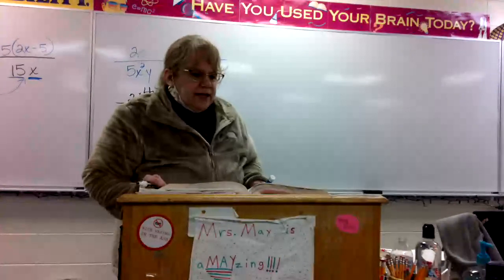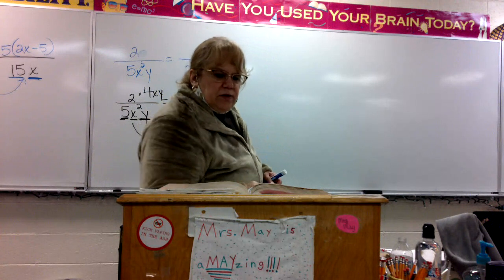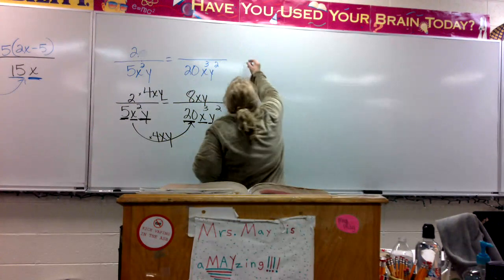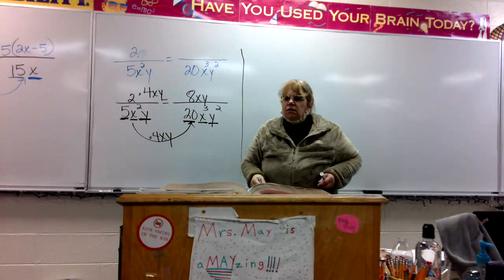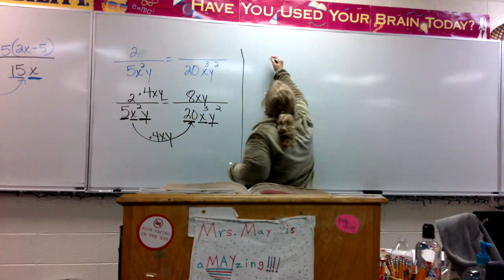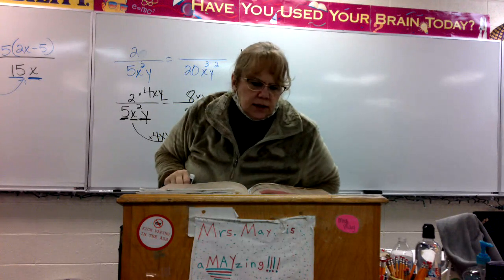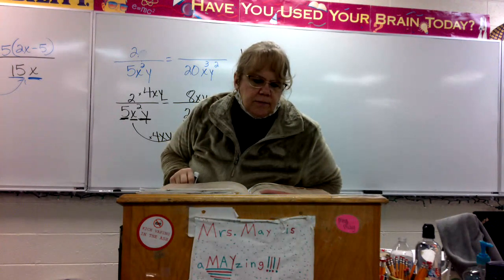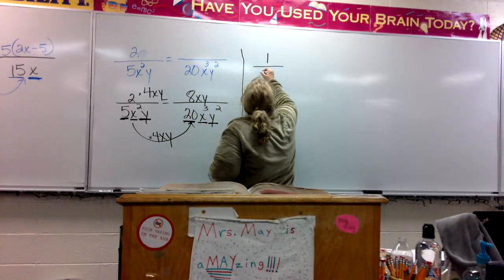How about something like this? Rewrite the group of fractions with their lowest common denominator. Do you have questions on any of that first? Anybody? 1 over, let's do 3xy squared.